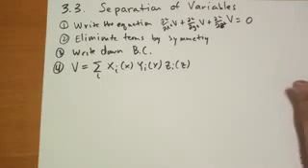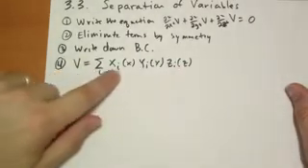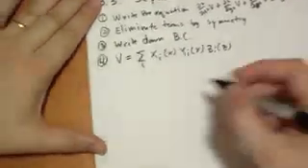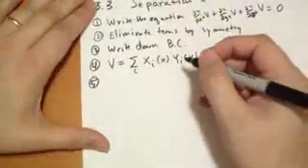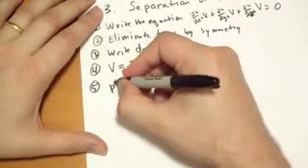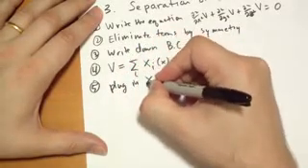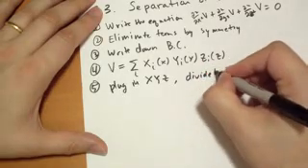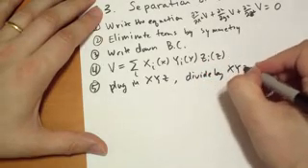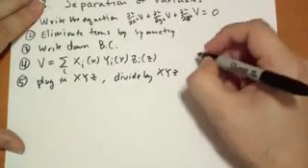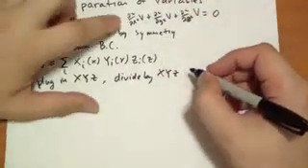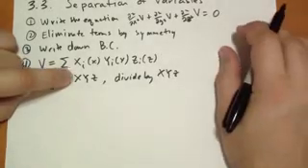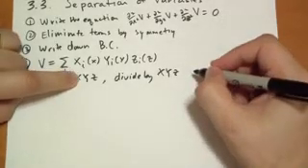For the next couple steps, we're just going to consider if we just had one of these terms, how they'd behave in this equation. So step 5 is we plug it in and then divide by X Y Z. How does that look? Well, the second derivative with respect to x of X Y Z, since X is the only term that varies with x, the Y and Z terms come out.